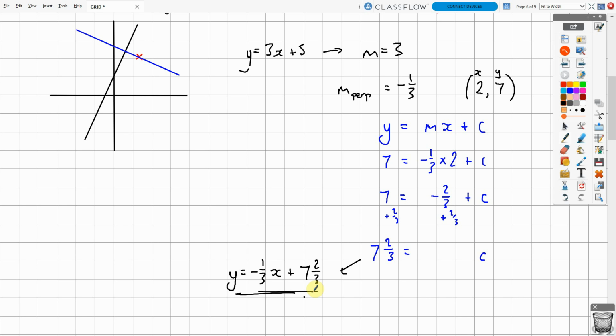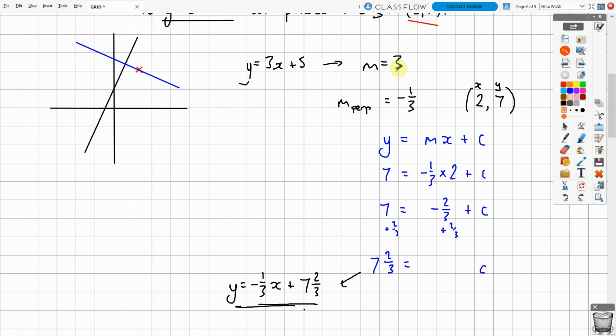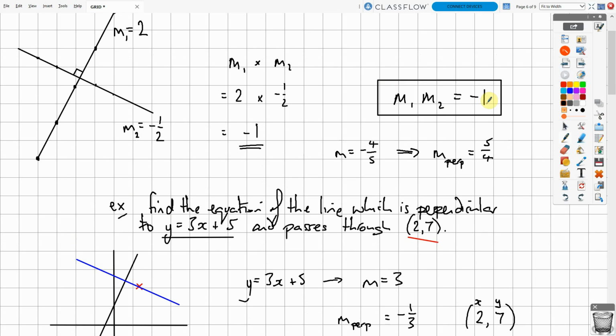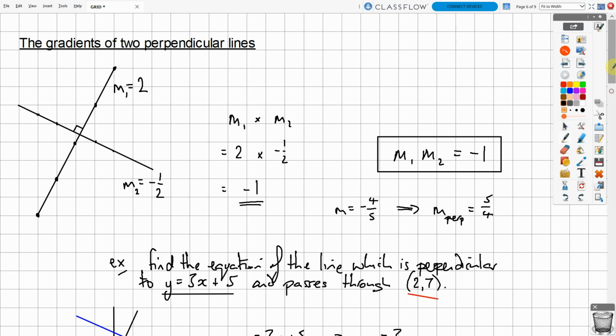And so I've got the equation of the perpendicular line which goes through the required point. That could not have been achieved if I didn't understand the relationship between two lines which are perpendicular to each other. And so it's critical that you understand this rule about perpendicular lines.